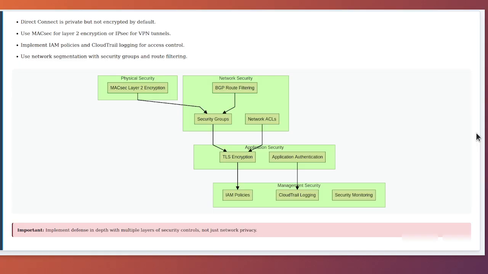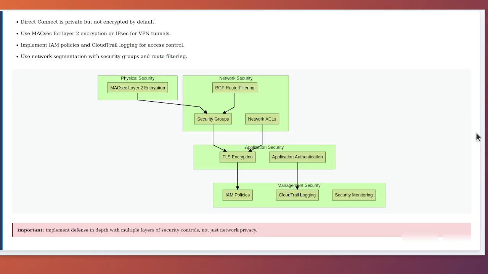For sensitive workloads, you should implement encryption. As we discussed earlier, MACsec provides Layer 2 encryption between your router and AWS, which is the most efficient option for 10 gigabits per second and 100 gigabits per second connections. Alternatively, you can run IPsec VPN tunnels over the Direct Connect connection, providing encrypted tunnels while still benefiting from the bandwidth and low latency of Direct Connect.